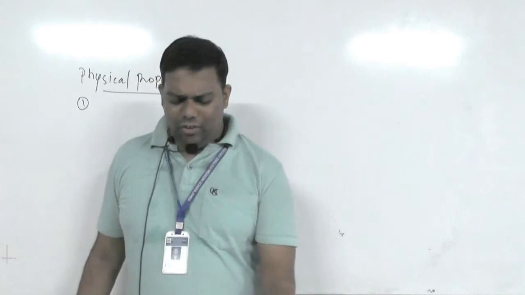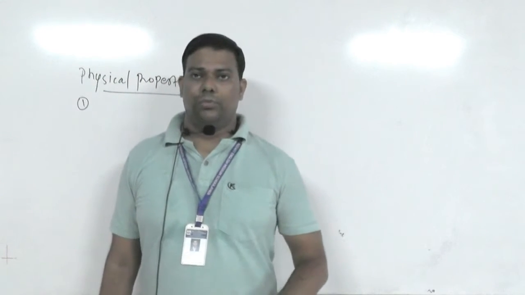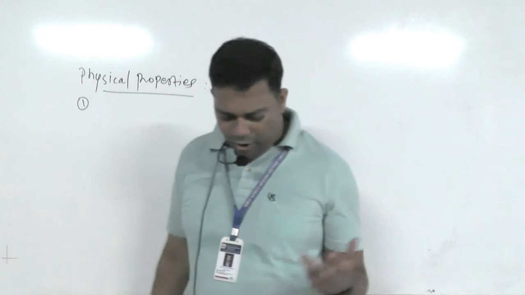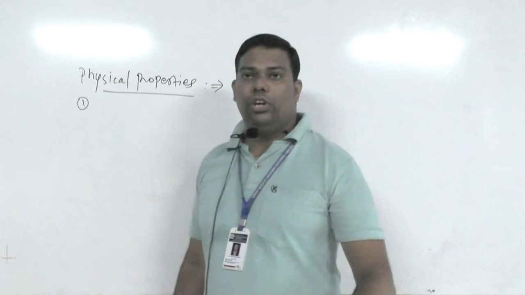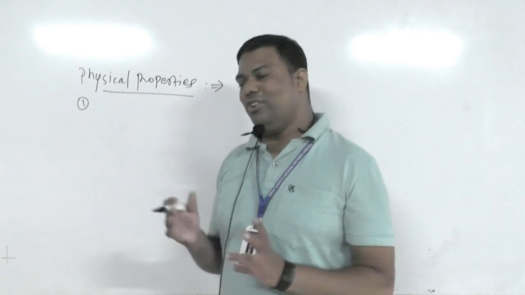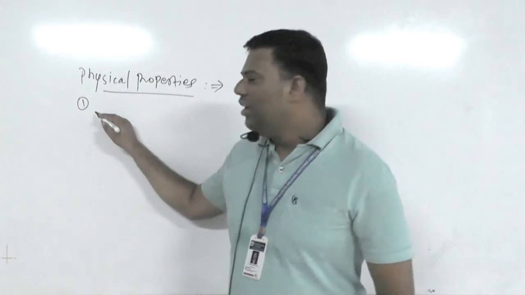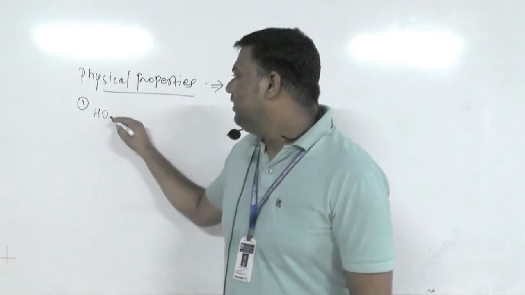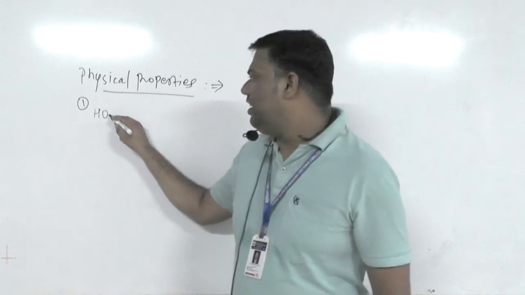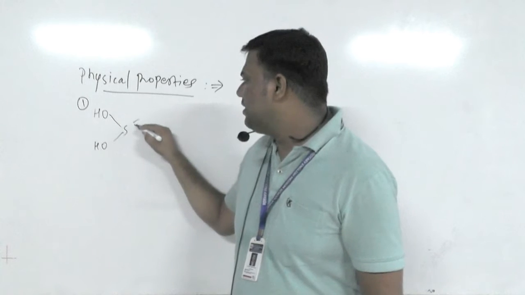With dense and viscous H2SO4, it suggests that it is an associated molecule. How is it an associated molecule? We can show it diagrammatically by writing the structure HO, S, OH.